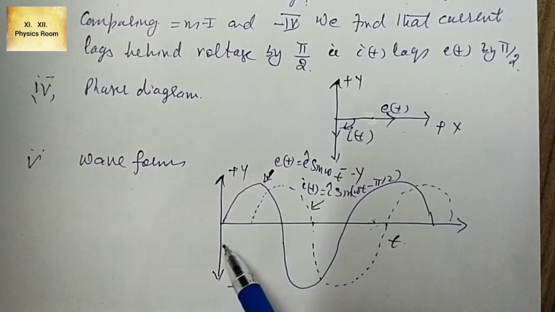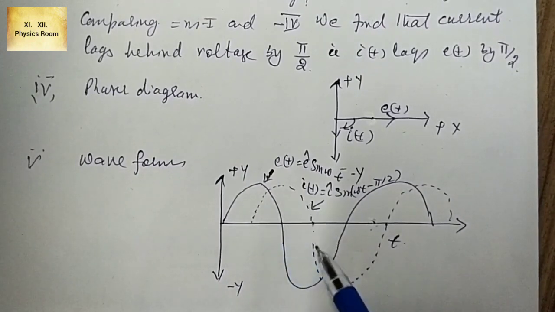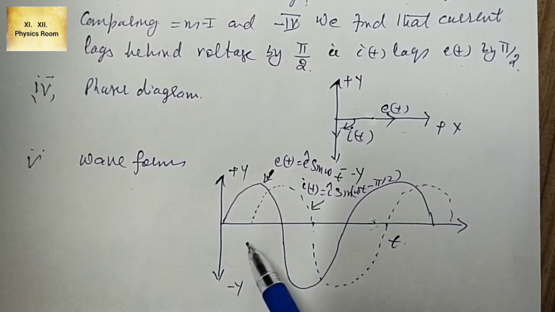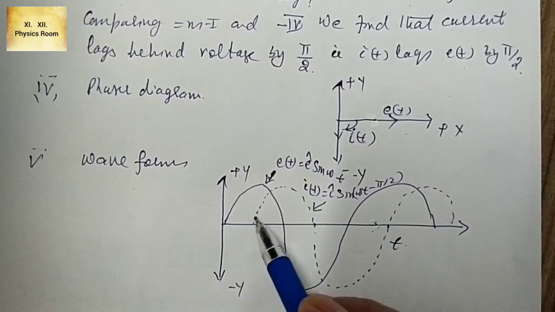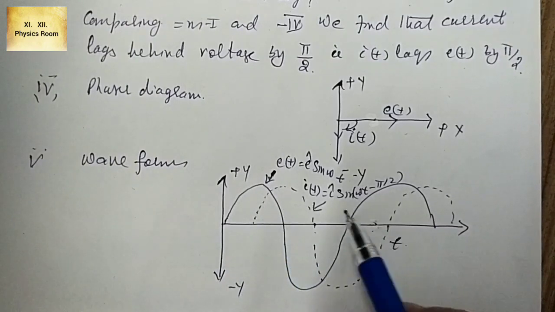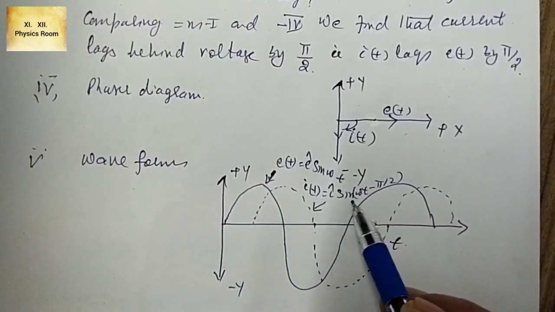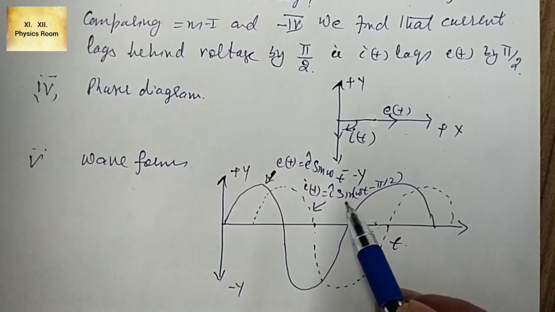It is not a sine wave, but it is a cosine wave. See, look here, it starts from here. It is a cosine wave, negative cosine wave. IT is equal to minus I max cos omega t. If we look at sine omega t minus pi by 2, then it becomes a sine wave.